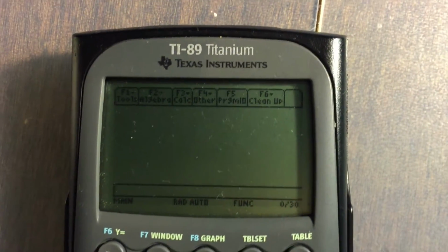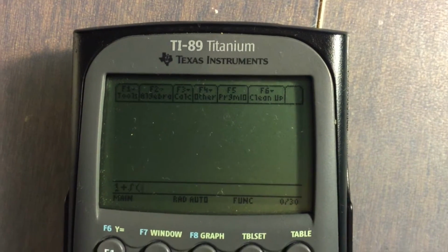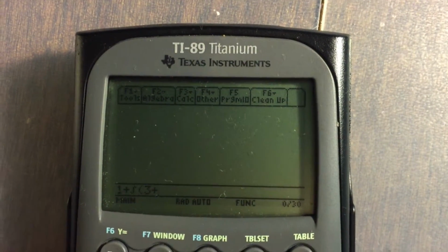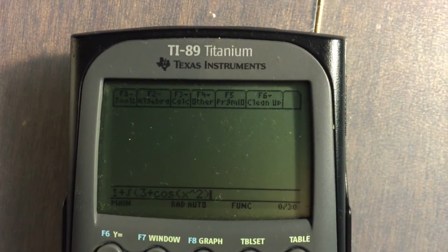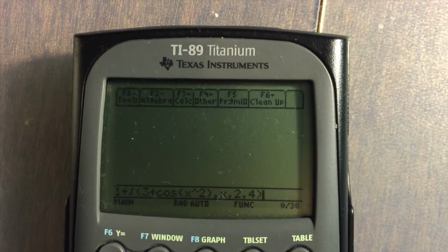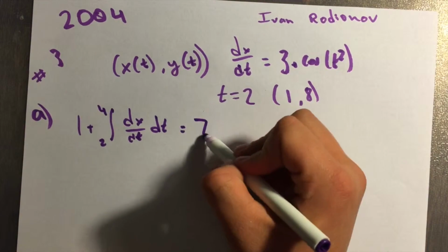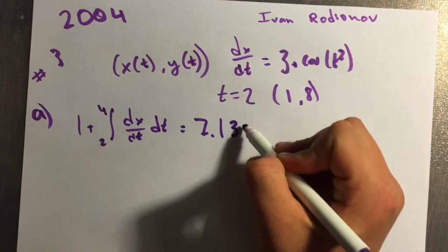So for part A, we must do 1 plus the integral of the function for x from 2 to 4, and that gets us 7.133.